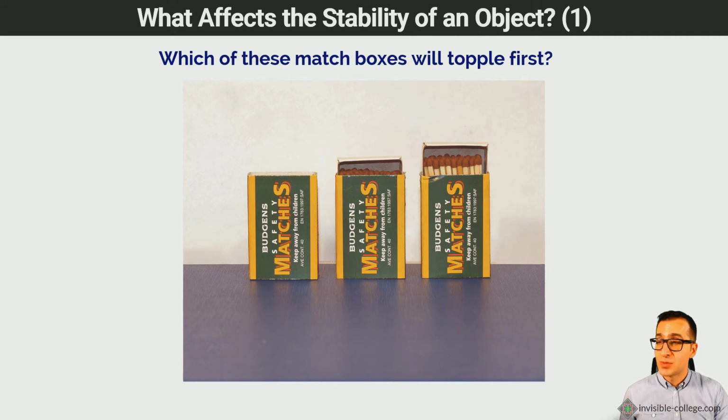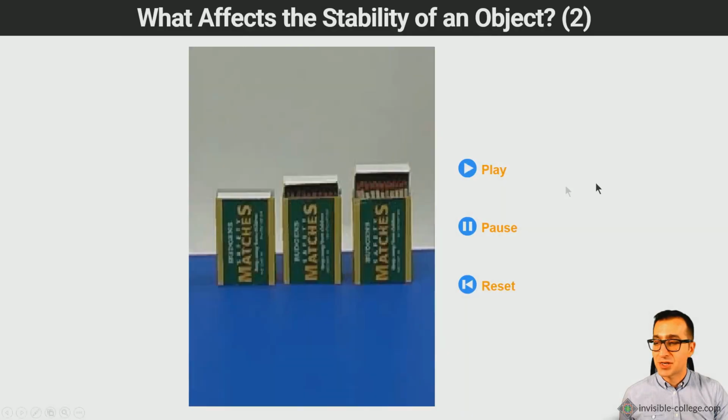Which of these three matchboxes will topple first? Will it be the one on the left, the one in the middle, or the one on the right? Assuming that this table now bends towards you, it's kind of lifted towards you. Seems to be unanimous. Okay, so let's actually watch a video of this in action here.